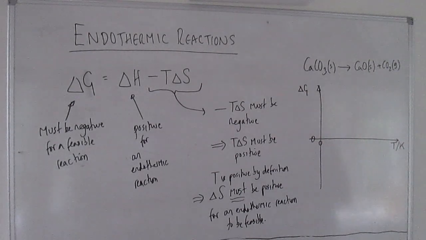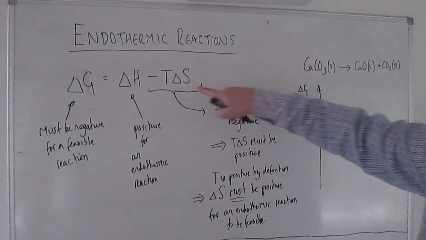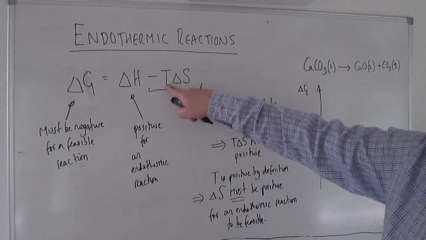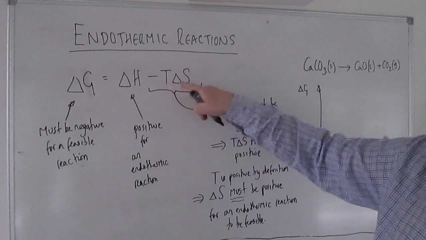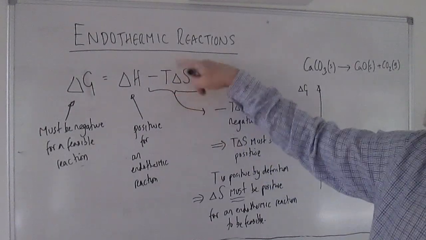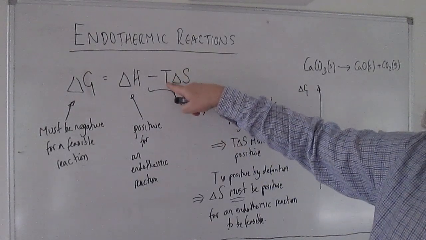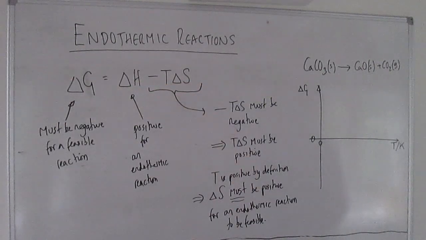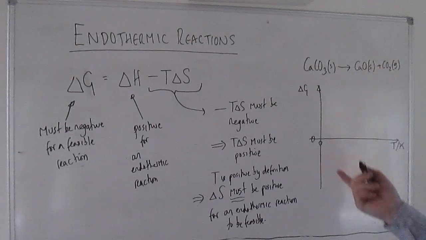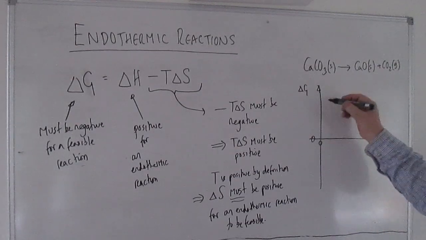So let's first of all think about absolute 0. If the temperature is absolute 0, then T is 0, and therefore this whole term will disappear, right? Because 0 times anything is 0. So at absolute 0, when T is 0, delta G just equals delta H. And for an endothermic reaction, that will be positive.